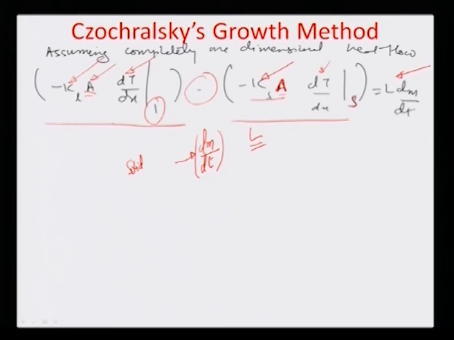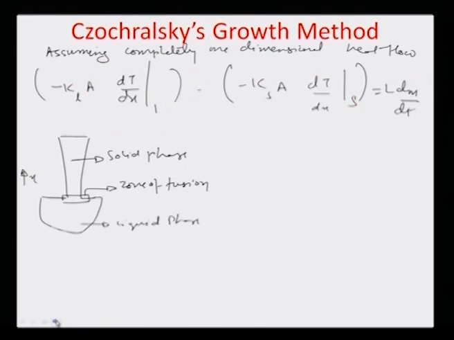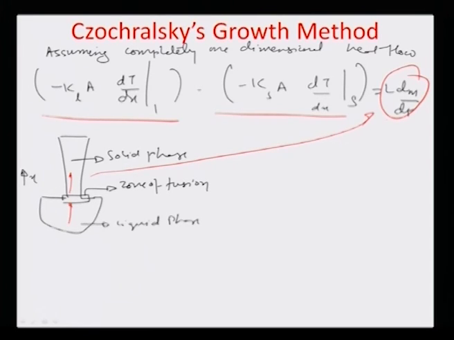The rate of heat loss can be equated to the heat going per unit time into the zone of fusion minus the heat going away from the zone of fusion per unit time. So, you can equate both these equations, and that forms the basis of the Czochralski growth process, because heat flowing in is represented by the first term, heat flowing out is represented by the second term, and in between, whatever is happening results in the formation of the solid phase, dm/dt.